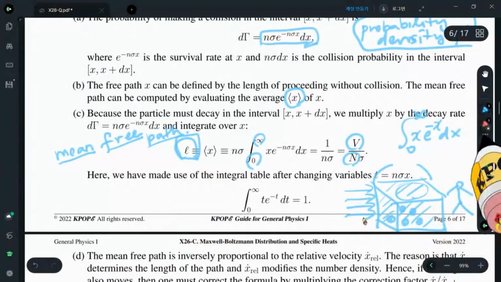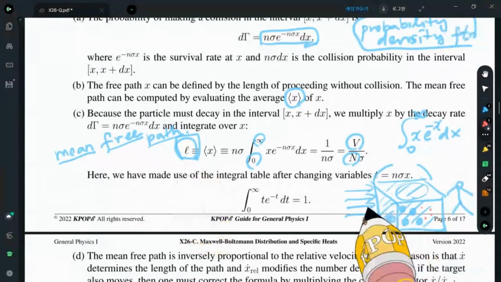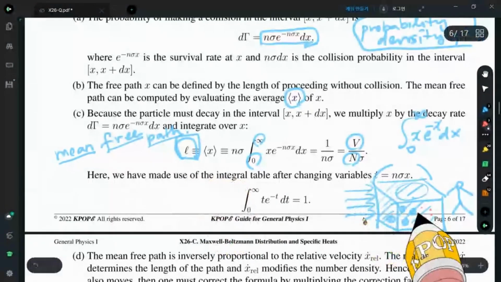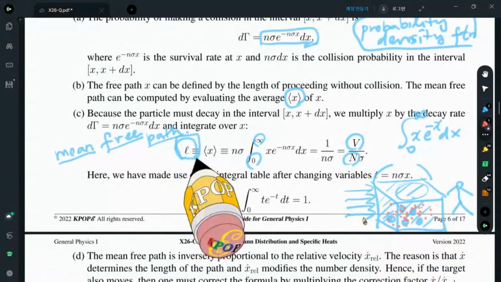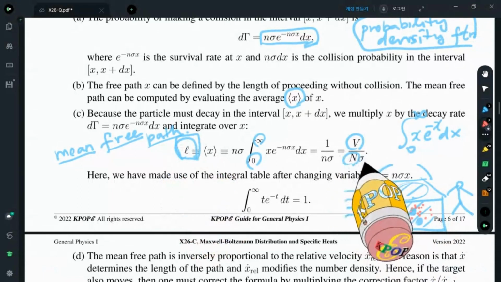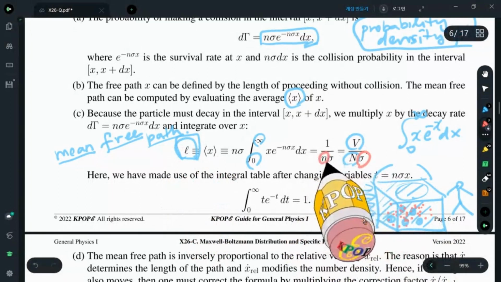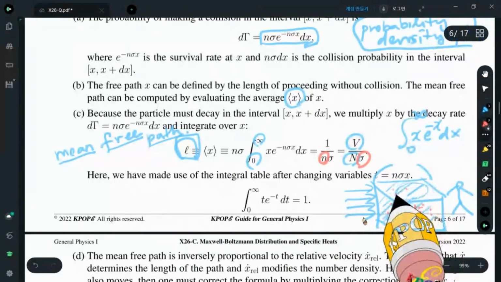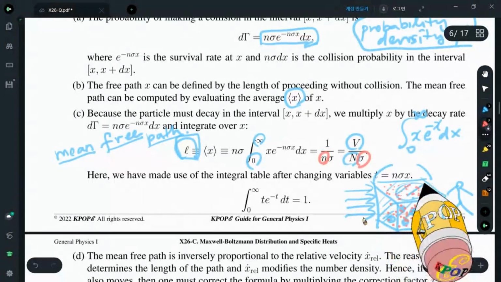If the cross-section is very tiny, it can penetrate longer. If the number density is very large, so a dense distribution, then its length decreases. So it is effective to increase the material with larger sigma and larger number density. Then this may help you.